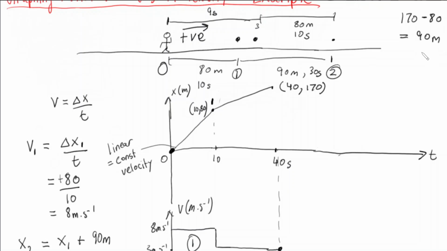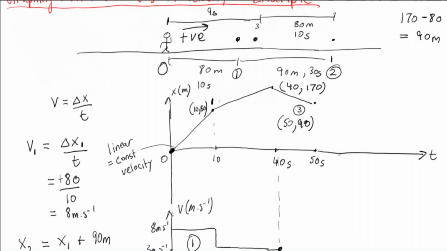And this occurs over a period of 10 seconds. So our new point on the displacement time graph becomes 50 seconds and 90 meters. So there's a point over here. We'll mark that. And that will be 50 at 90.